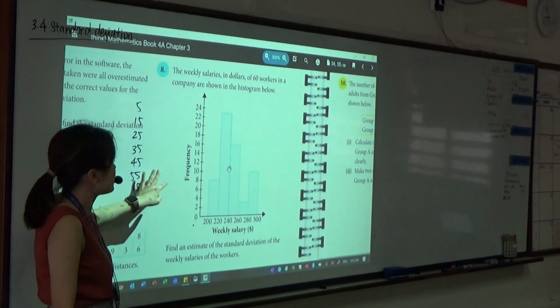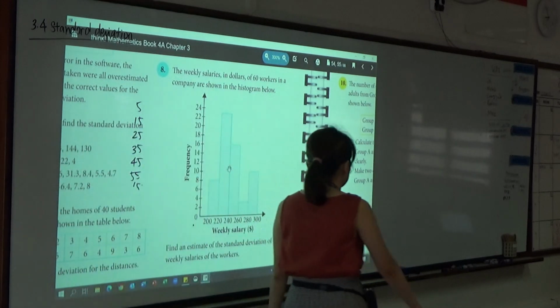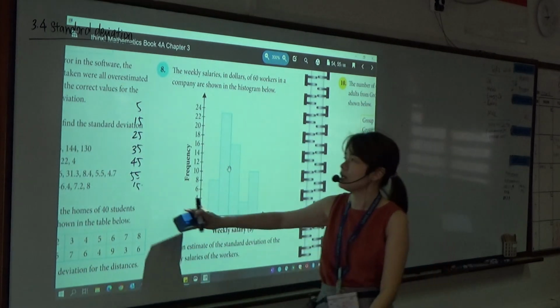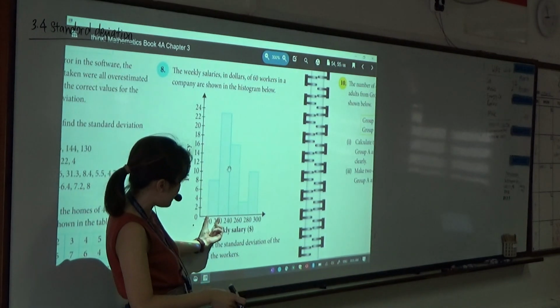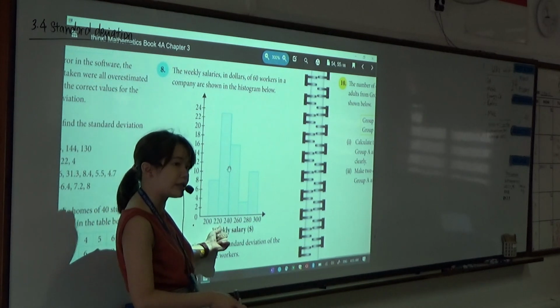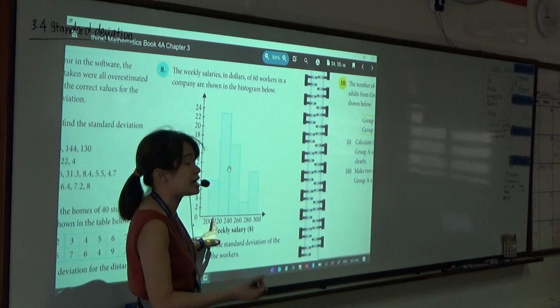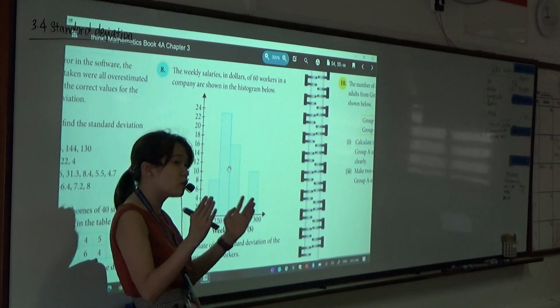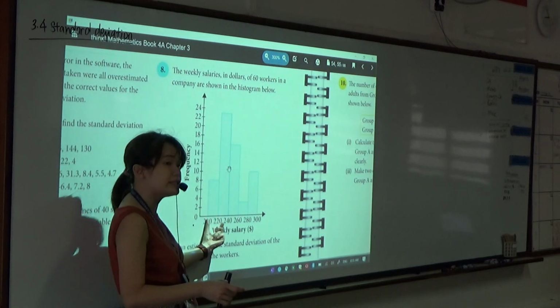Back to this question, we are focused on finding the standard deviation. In this particular histogram, if you look carefully at the end of the bars, it is actually within a range, 200 to 220. There are histograms whereby at the end of the bar it's just a single number. It doesn't go in a range or interval. In this case it goes in the interval.